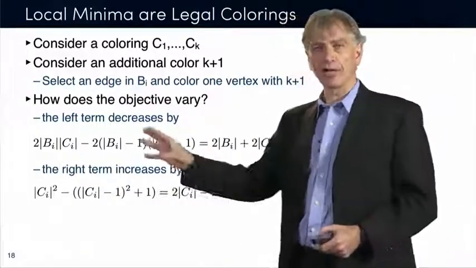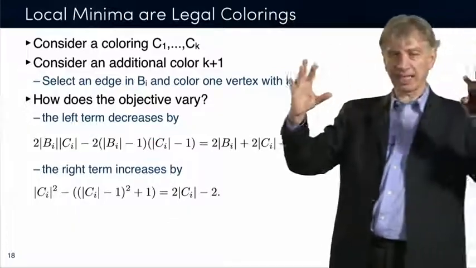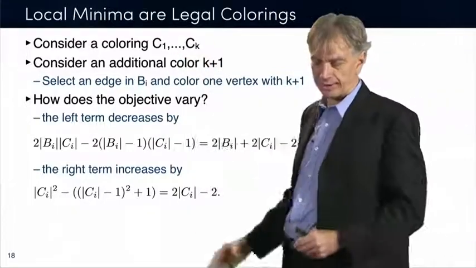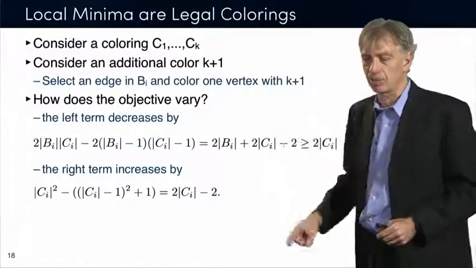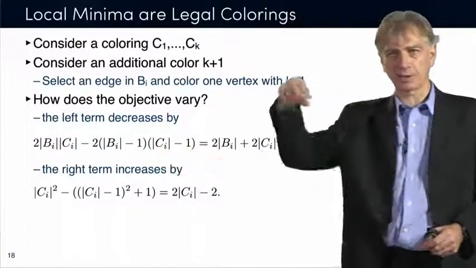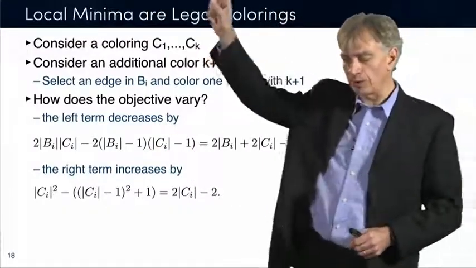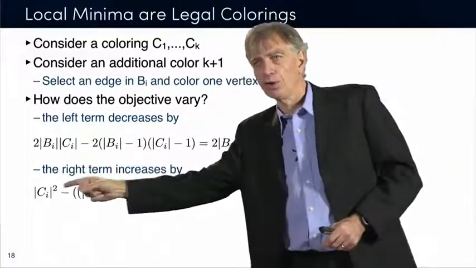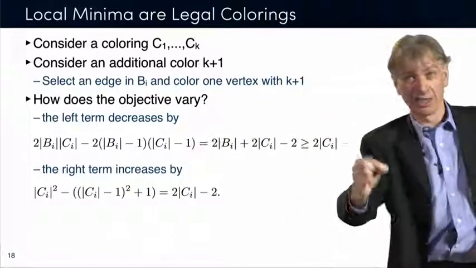Now, you look at the right term. The right term is looking at basically the objective part, the size of the color classes. Now, in the formula, it's negated, so what we have to study is how this right term increases, because there's going to be an increase in the objective function. So we take the square of the class i, because that's the class which is decreasing.